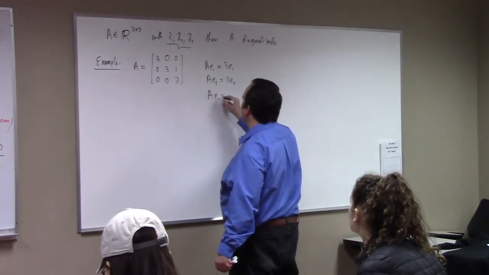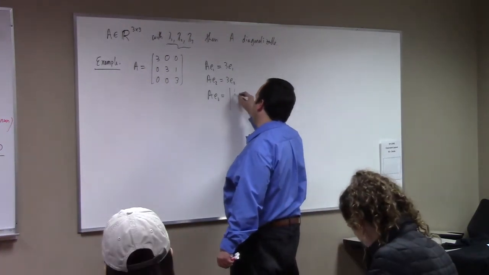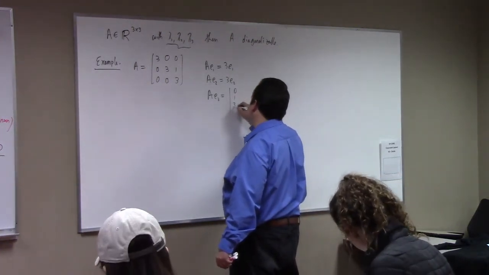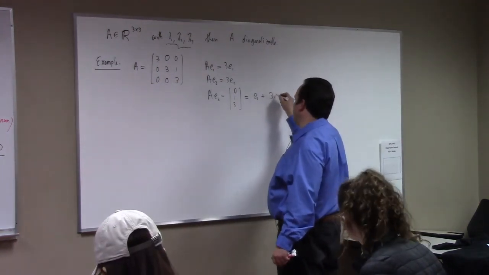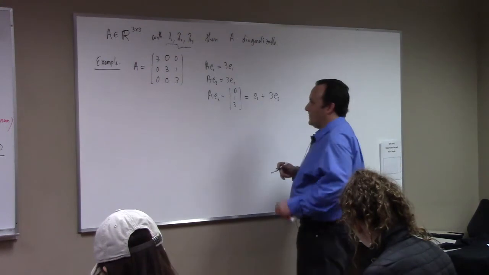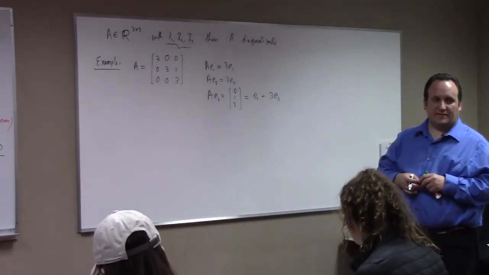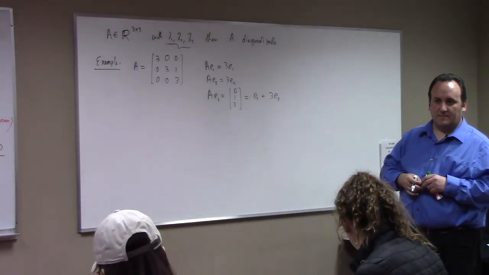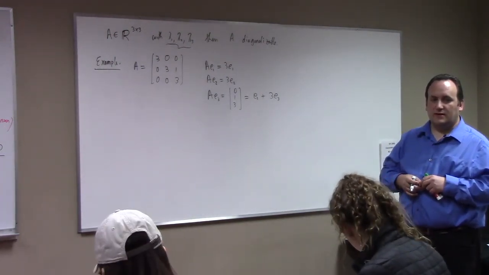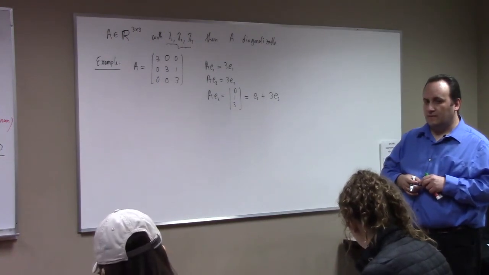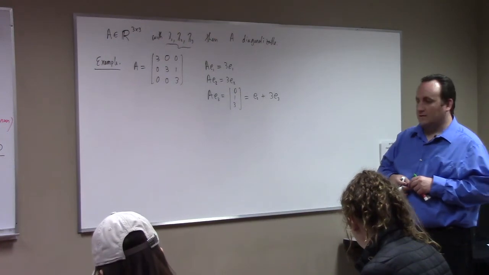You can easily see that A e3 misbehaves, because there we get 0, 1, 3, which, by the way, is e2 plus 3 e3. Now, I guess that doesn't prove it. I'm asserting that there are only 2 linearly independent eigenvectors with eigenvalue 3 here.